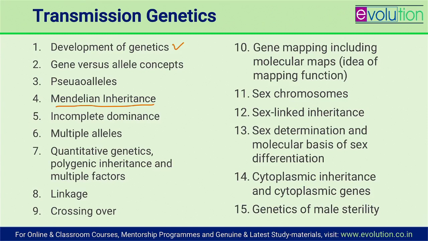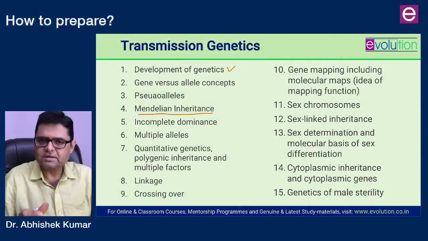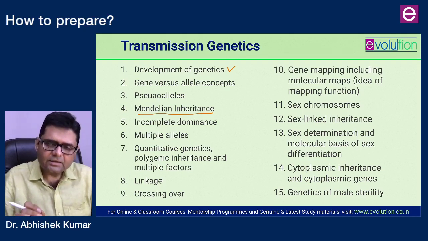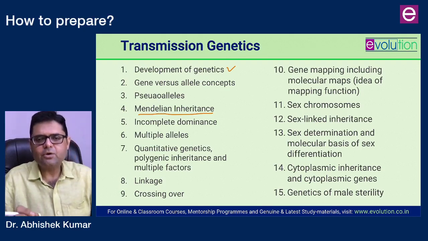Another important thing to note is that there are a number of topics which cannot be understood well if we have not done Mendelian inheritance. Look at topic number 5 and topic number 6, incomplete dominance and multiple alleles. Both these topics need a certain basic understanding of Mendelian genetics. If we do not understand that, it will be very difficult.